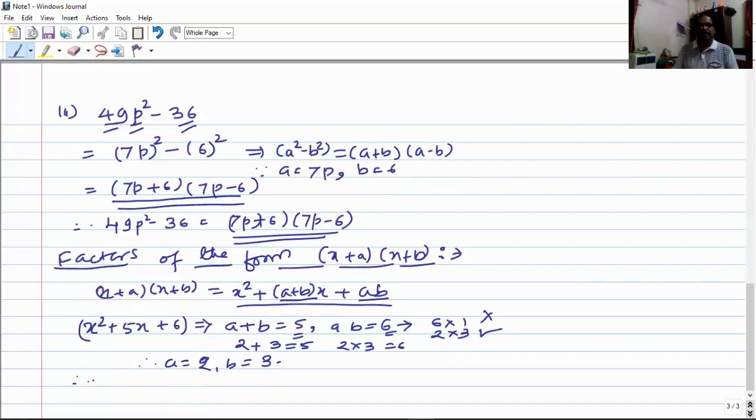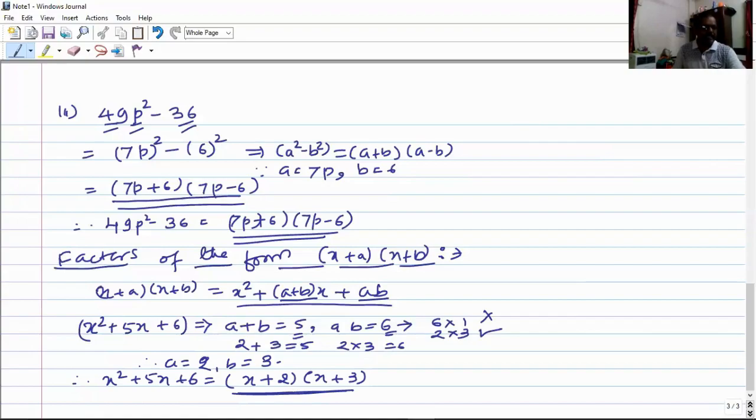So x square plus 5x plus 6 is equal to x plus 2 into x plus 3. So in this way I can have the factors of such an algebraic expression to which the identities cannot be applied. Right, students?